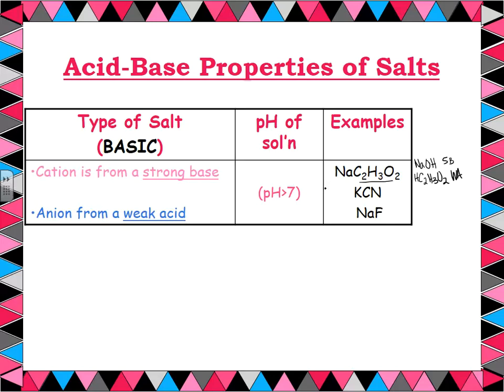For KCN, the K came from the strong base potassium hydroxide, and the acid was HCN, a weak acid. Sodium fluoride. Sodium would have come from sodium hydroxide, strong base, and HF would have been the acid that the F came from. So weak acid.